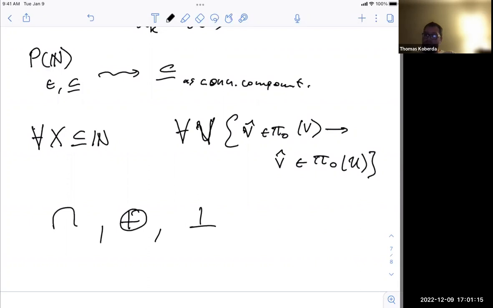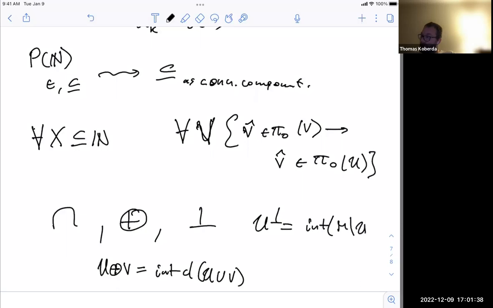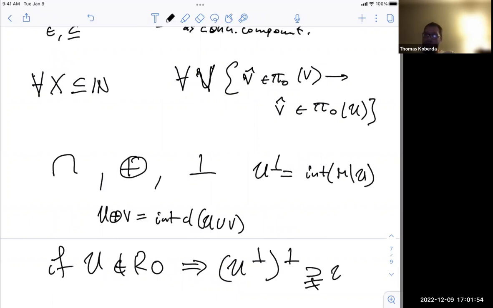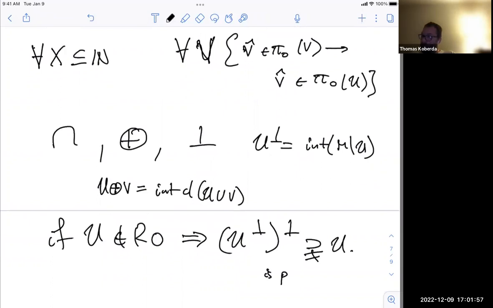Intersection is what you think it is, then the join of U and V is the interior of the closure of U union V. And U perp is the interior of M minus U. If U is not regular, then U perp may properly contain U. This is possible. So it's not involutive like that.